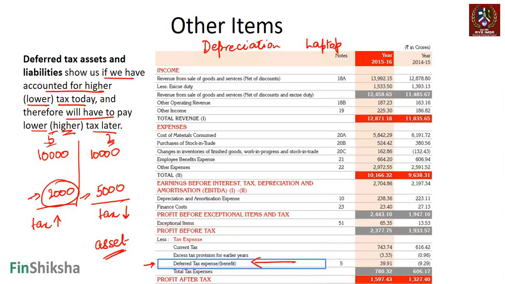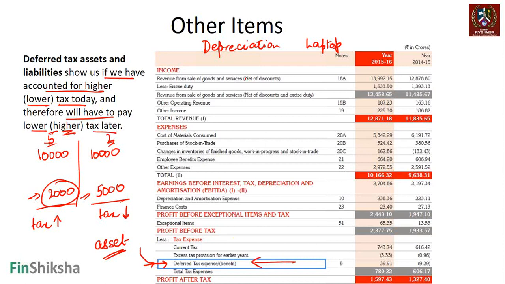Right? So that's something we have to keep in mind. It's a slightly more evolved concept. We don't need to worry about it too much at this point of time. But just in case this question arises in your mind as to what is deferred tax here, that's basically arising because of the company paying either more tax or less tax at this point of time, and hence there is either an asset or a liability that gets created.